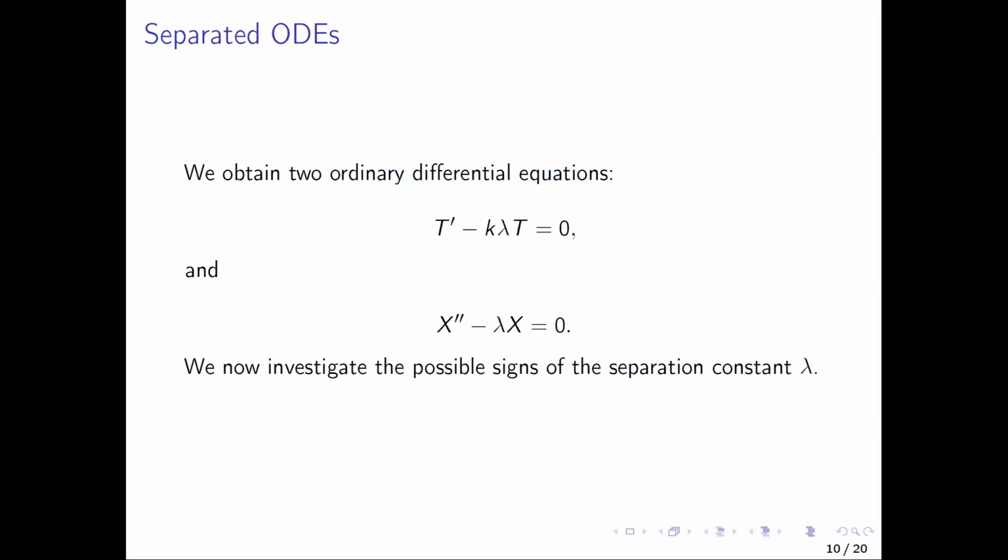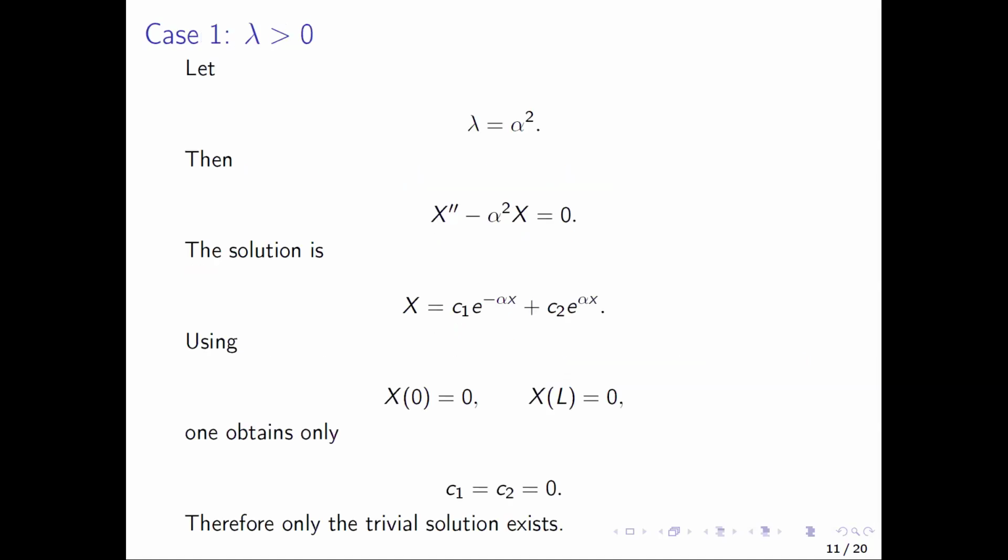Let's analyze the case lambda is greater than 0. For the case lambda greater than 0, you need to assume that lambda can be denoted by alpha square. The solution consists of exponential functions at that time.